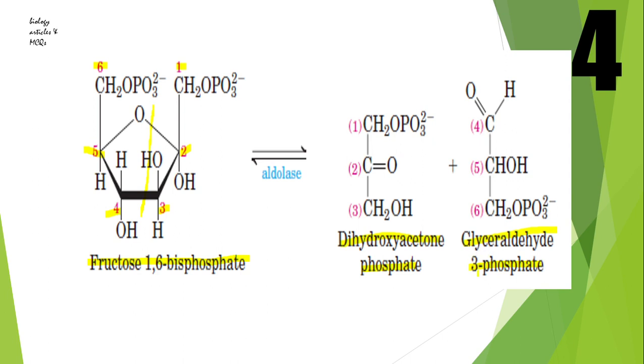Means this molecule has the phosphate group attaching to its 3rd carbon. So this 6 carbon molecule is now converted into 2 different molecules, these molecules are 3 carbon molecules, and this process is carried out by aldolase enzyme.